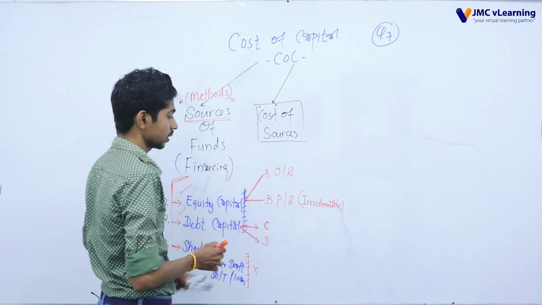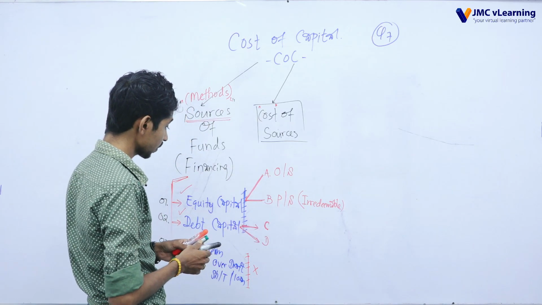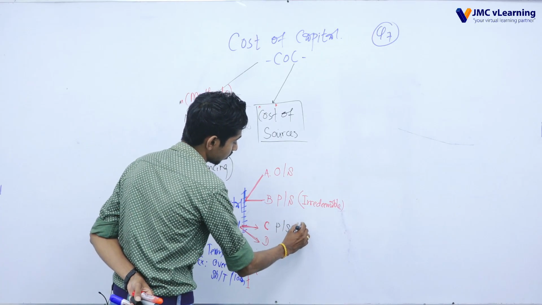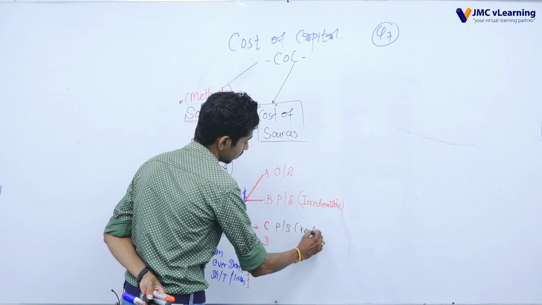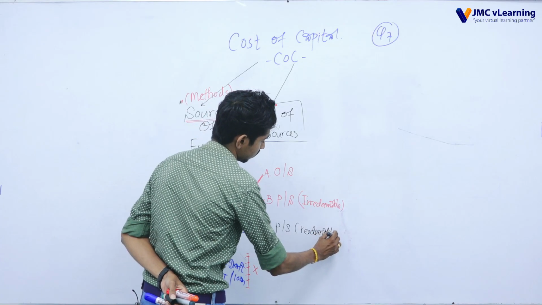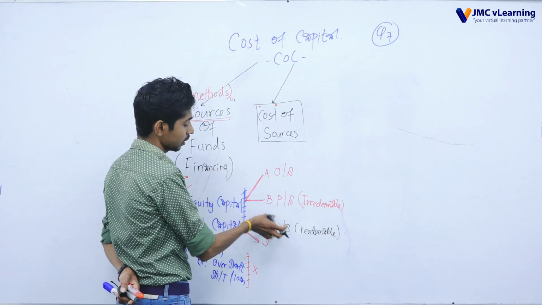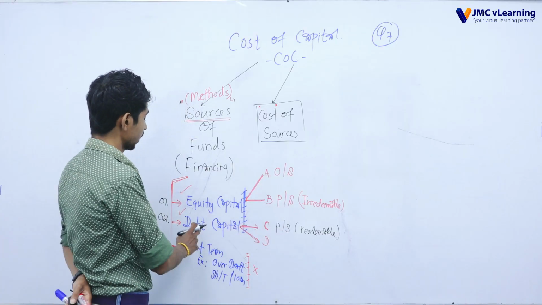The first one is preference shares, redeemable. If it is redeemable preference shares, then this will come under debt capital.